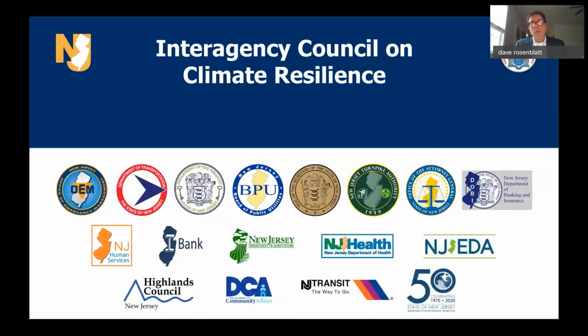All right. So one of the first things Executive Order 89 asked us to do was to put together an Interagency Council on Climate Resilience. And we did that. 17 agencies are participating on the council. The idea here is we want to share with state departments the science that DEP has been focused on regarding climate change.